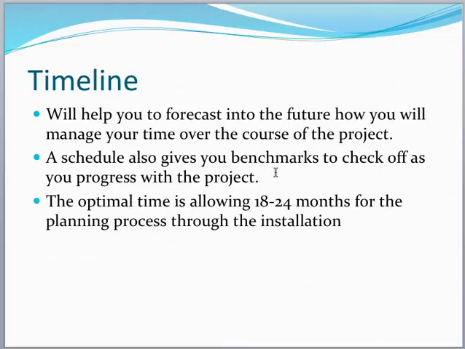The optimal time is allowing 18 to 24 months for the planning process to the implementation. Of course, it will depend on what type of implementation you have decided your integrated library system will be. If it's a turnkey implementation, it may take less time.